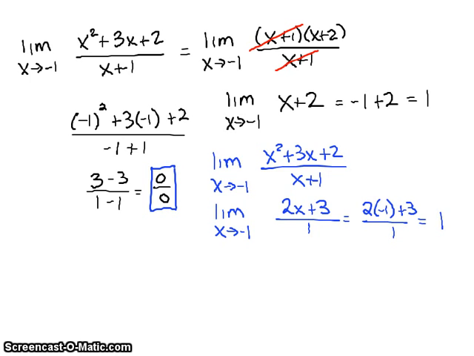The big thing we need to make sure of is that we get some sort of indeterminate form. Let's say we have the limit as x approaches 1 of x plus 3 over x minus 1. When you plug in your value of 1, you get 4 over 0.